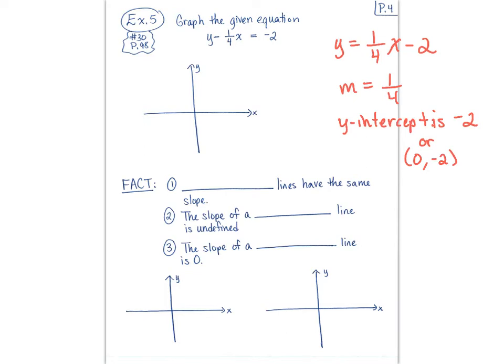So then you plot 0, -2. How do you use your slope? Rise over run. Good. So that means we go up 1 and then we go to the right 4. So that would be a point there. And then the next point would go up 1 over 4.